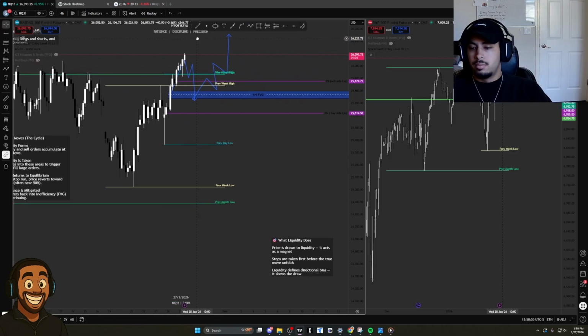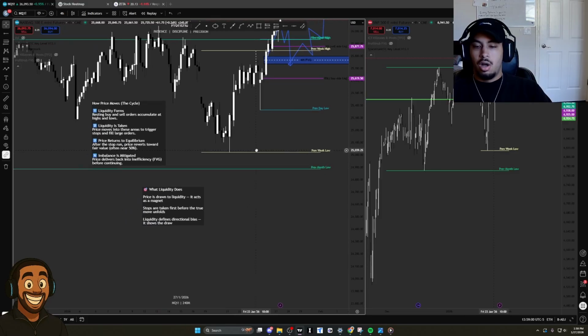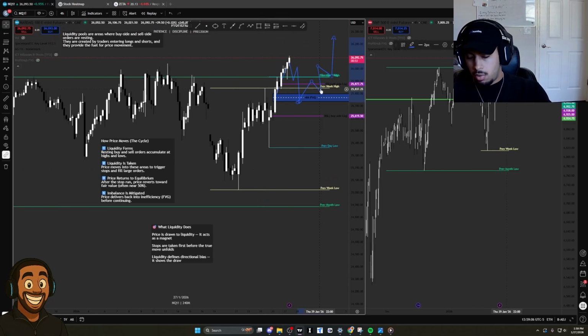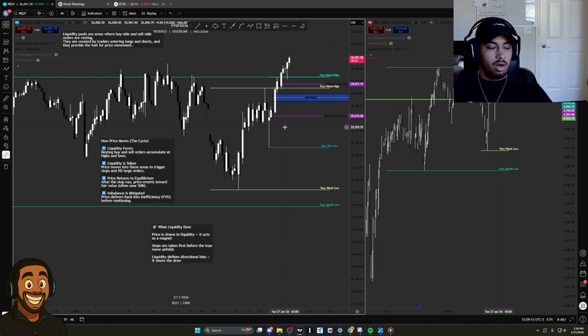But yeah, as well as what liquidity does: price is drawn to liquidity and it acts like a magnet. So we know price wants liquidity to move because it's like fuel in your car. Before we make these moves, we need fuel.